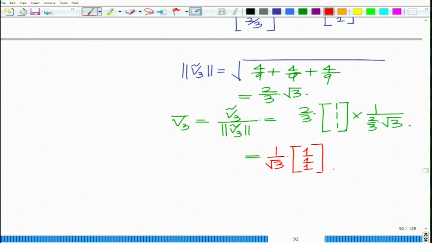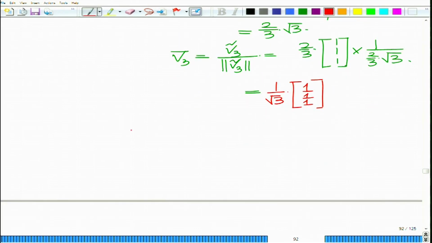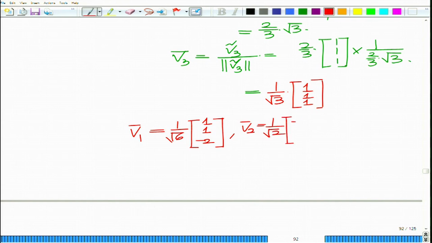So, finally, we have the orthonormal set of vectors which span the same space as u1 bar, u2 bar, u3 bar, remind you. So, this is V1 bar equals 1 over square root of 6 (1, 1, minus 2), V2 bar equals 1 over square root of 2, apologize, 1 over square root of 2 (minus 1, 1, 0), and V3 bar equals 1 over square root of 3 (1, 1, 1).